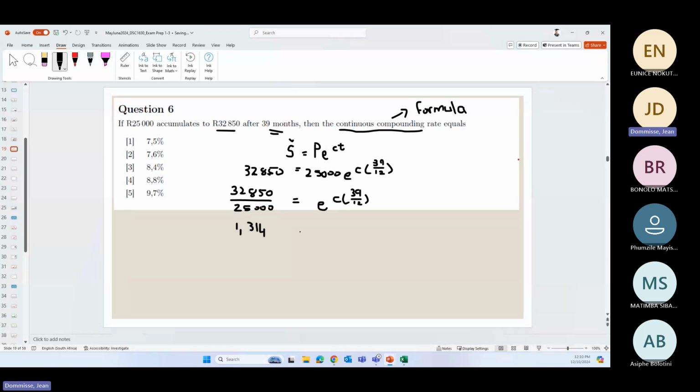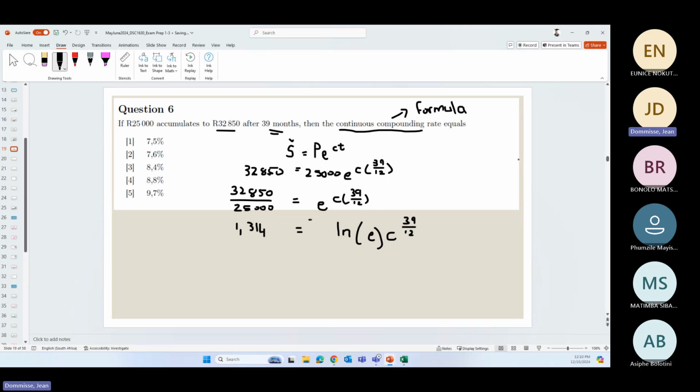And so then what we want to do is get rid of this E. To get rid of the E, we need to take ln on both sides. So ln of E to the power of C times 39 over 12.